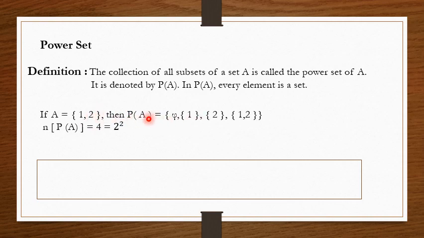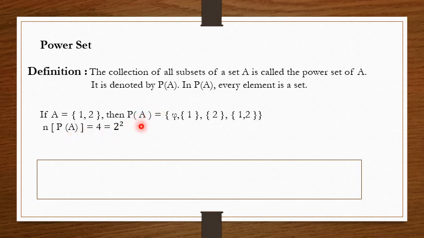So phi is in the power set. A set itself is a subset of A. So {1, 2} is present. Also {1} and {2} are subsets of A. So the subsets of A are phi, {1}, {2}, {1, 2}. So this is the power set of A.